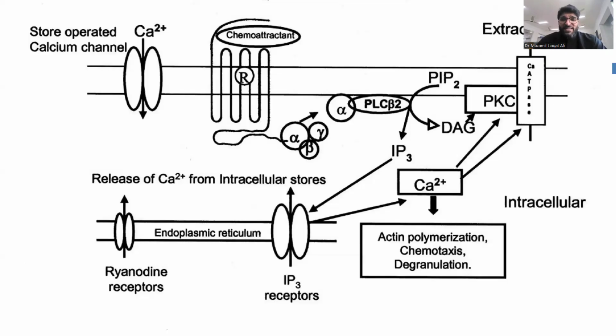Next is the GTPase activity by the G alpha, which hydrolyzes GTP to GDP, and ultimately that leads to the inactivation of the cascade. So the receptor is phosphorylated by G protein coupled receptor kinase activity and binds arrestin. That is the desensitization.